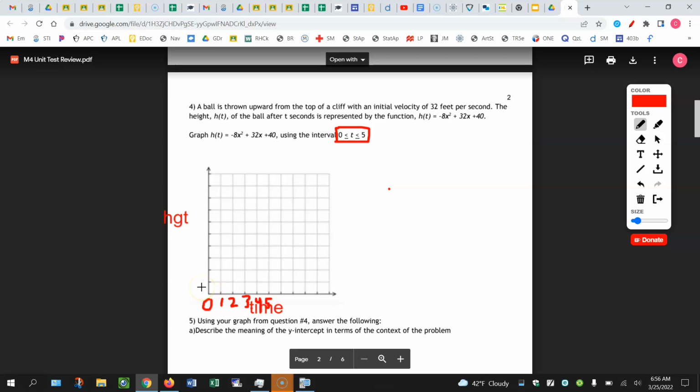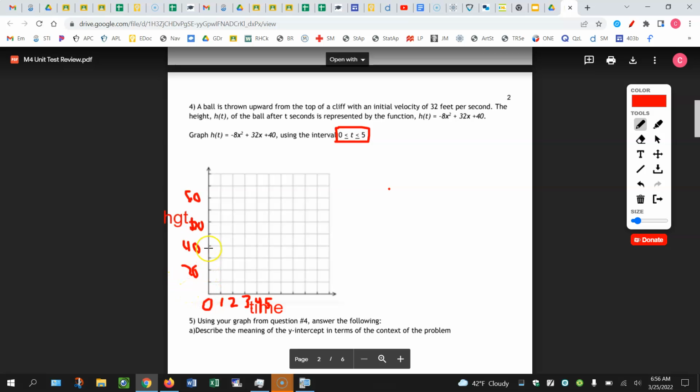And then on the y-axis, we have to go up to a height of 72. So if we go by tens, this would be 10, then 20, then 30, then 40, 50, 60, 70, 80. I'm just putting every other one on there because it's a pain to write on this thing.